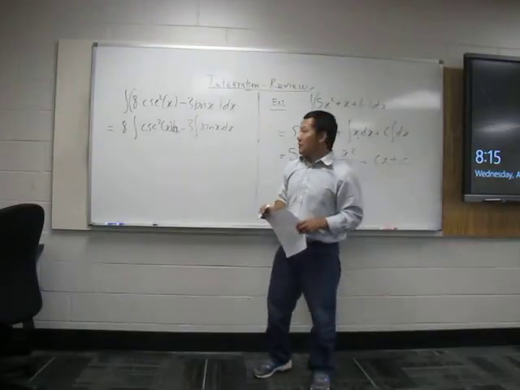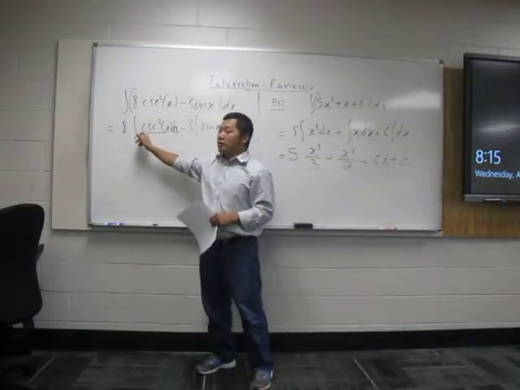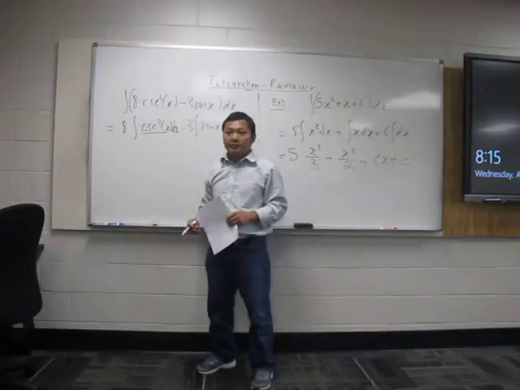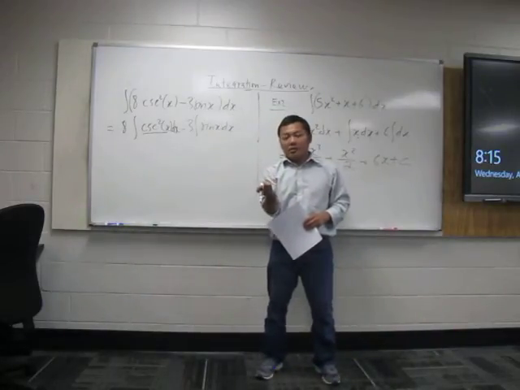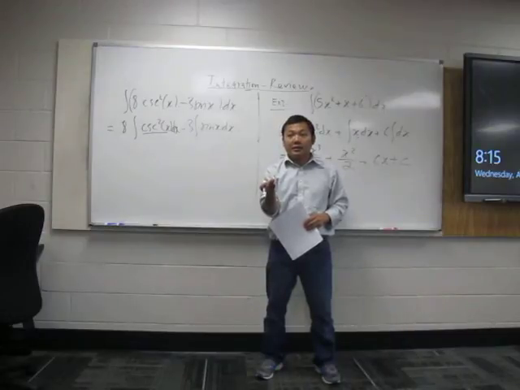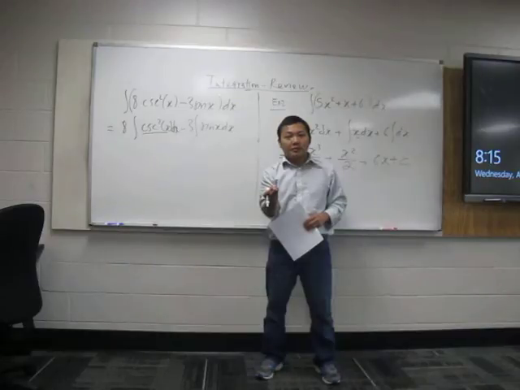Here we have cosecant squared. Basically, you need to remember sine, cosine, tangent, cotangent. The antiderivative of sine is negative cosine.